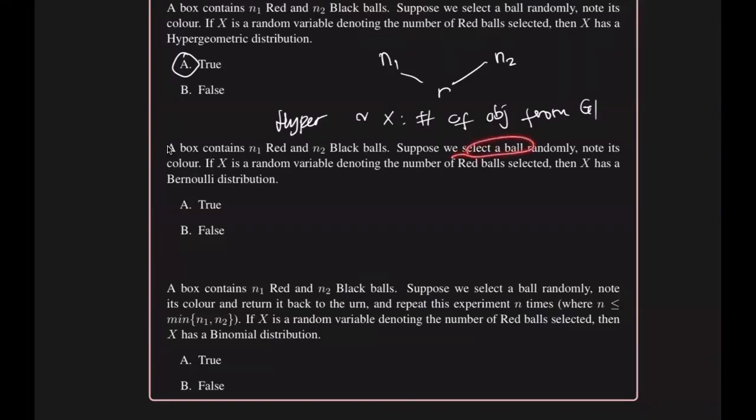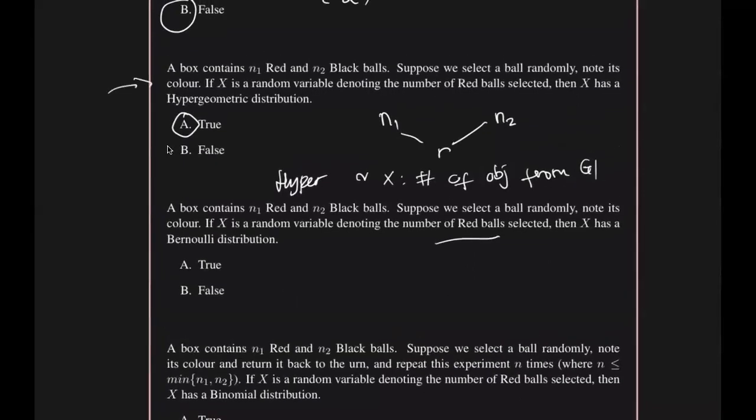If we just select a ball and note its color, then what could be the possible range of X? Number of red balls selected, right? But then we only select one time. Does that make sense? Yeah, maybe the question is a bit fake, but we just select one time and note its color.